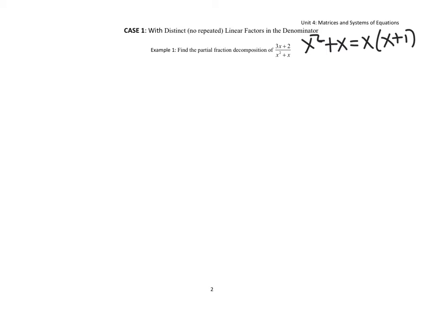And my second step is to write the original equation. So this is 3x plus 2 over x squared plus x. And check what I'm going to do here. See, I want to decompose this into simpler fractions.